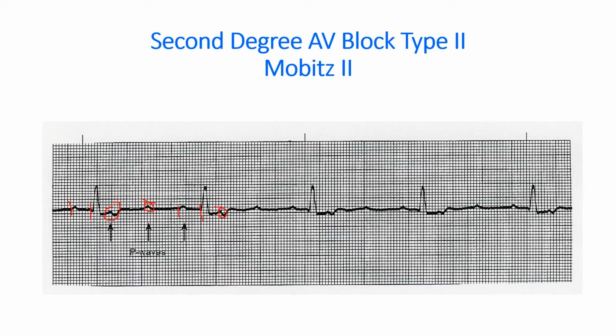They're pretty much marching along doing their own thing, but your PR is constant and your P's are regular. This is showing a regular R to R. And again, your PR is constant in a second degree type 2, Mobitz 2, and your R to R can be either irregular or regular. It's the only one that can be either one, irregular or regular.